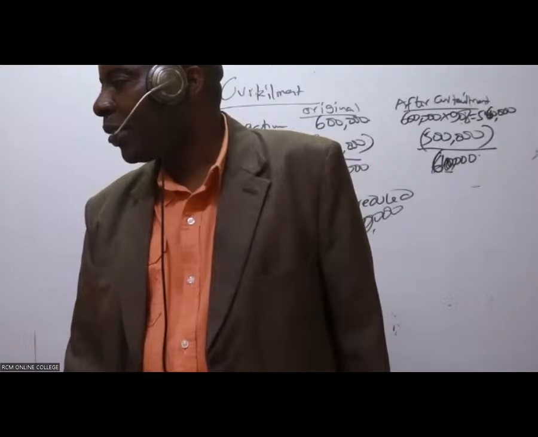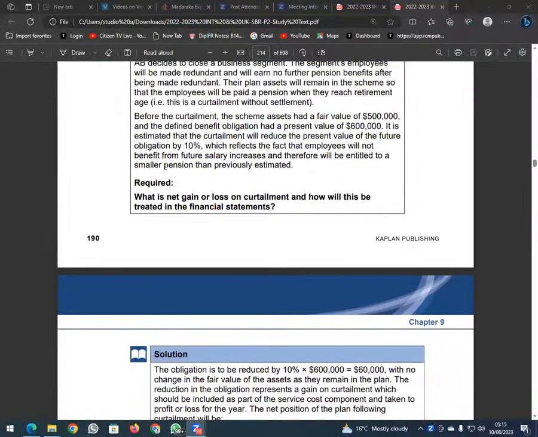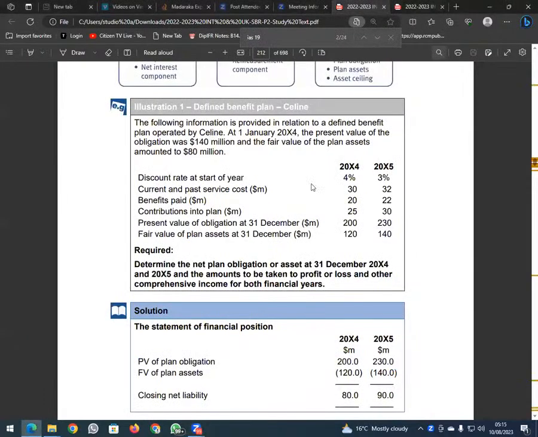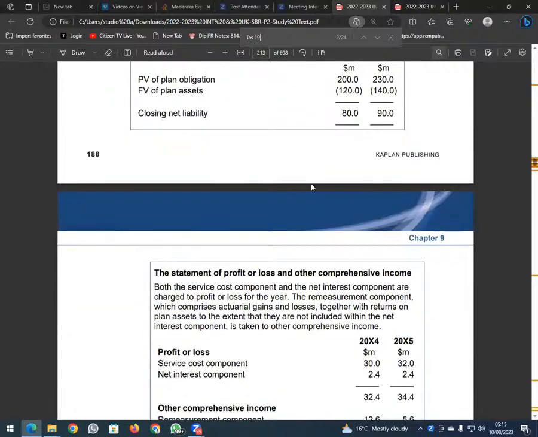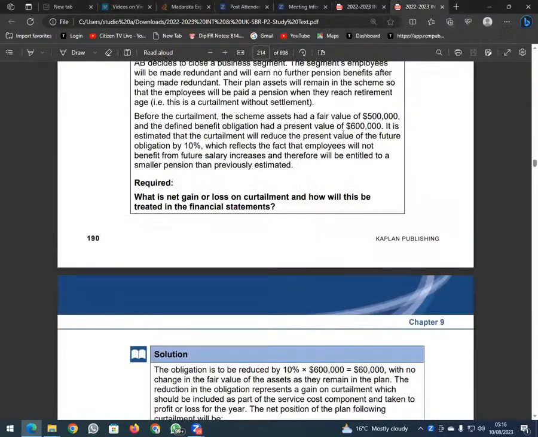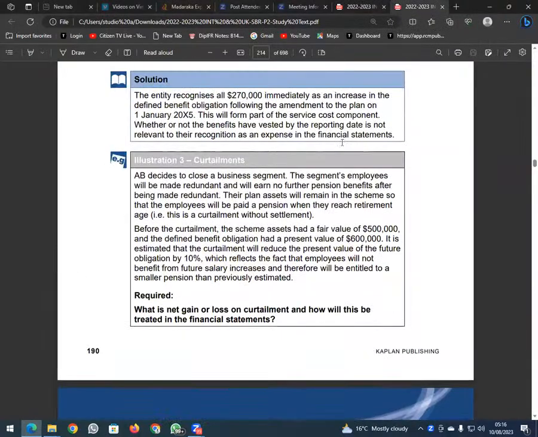They told us on curtailment. Let's read again.